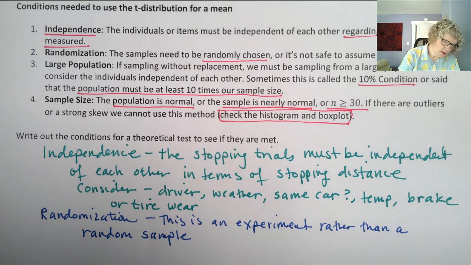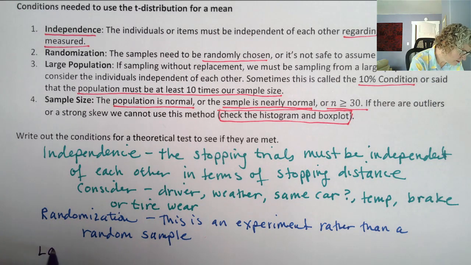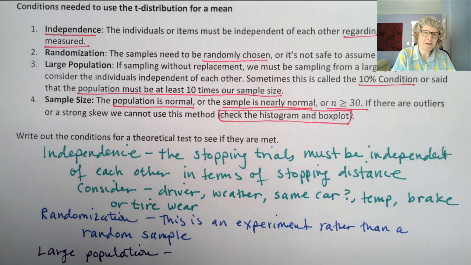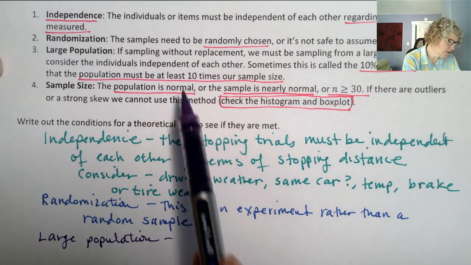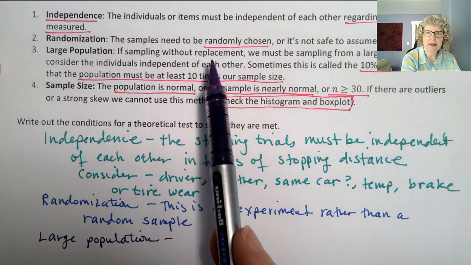Okay, next one is large population. You might also be figuring out that this one also does not apply because large population is only when you're sampling without replacement.